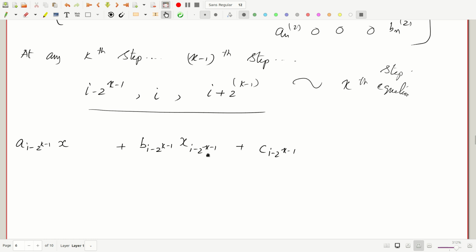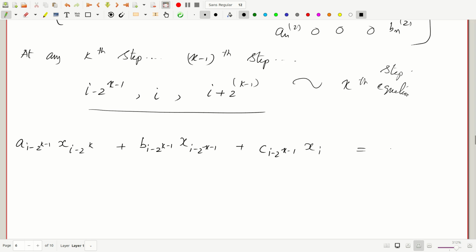So this will be so much away, so this is minus 2 times 2^{k-1}, that is basically 2^k, right? So this is basically i minus 2^k, and then on this side this will basically be x_i, right? Because x_{i-2^{k-1}} plus 2^{k-1} will basically make the coefficient x_i.